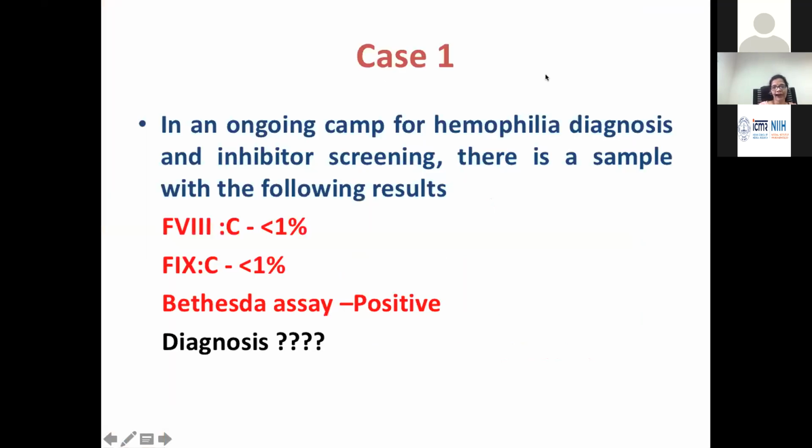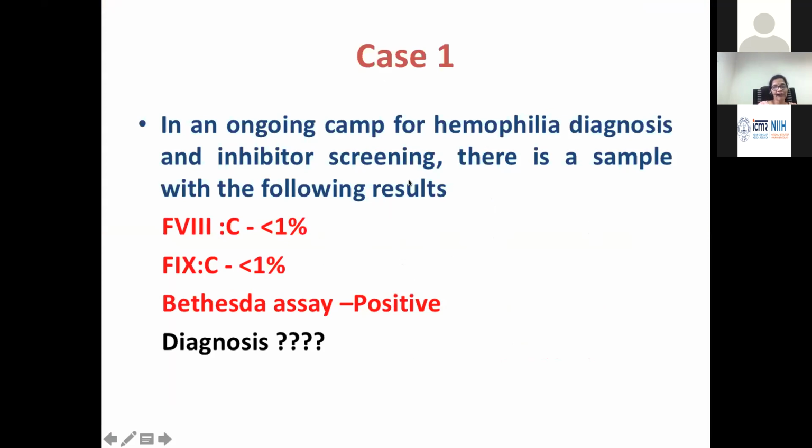Now, if you see here, on several occasions, we get cases with factor 8 and factor 9 both being low. This has become a problem for us when we screen samples that we receive from the camps. You don't have any family history with you.